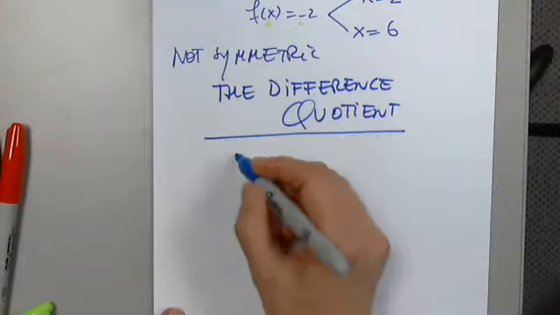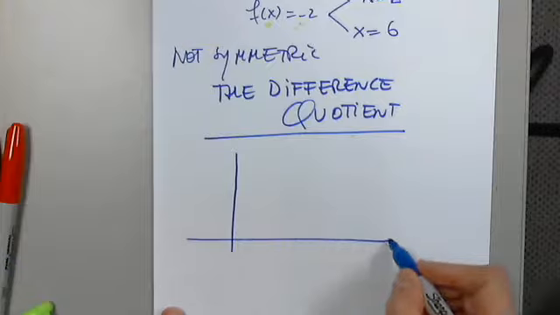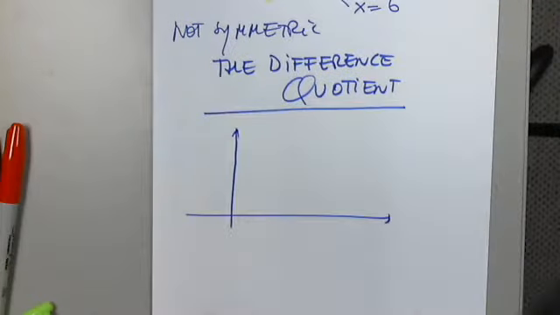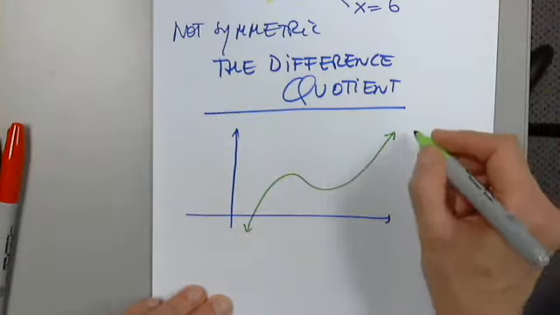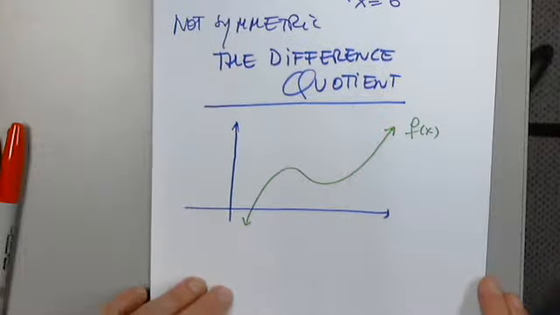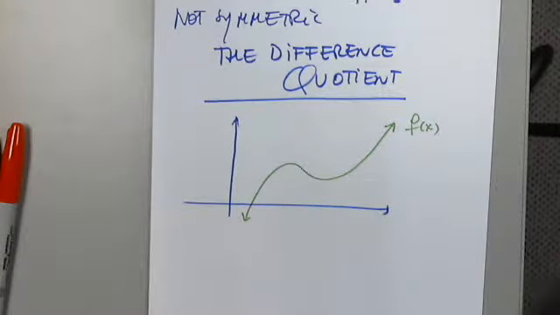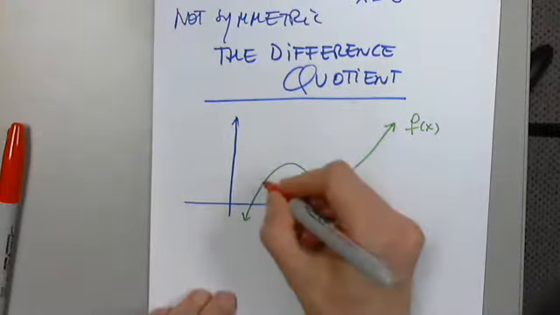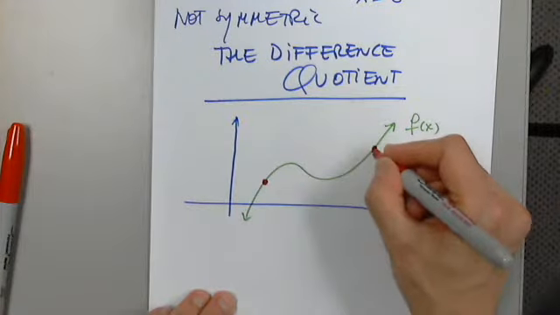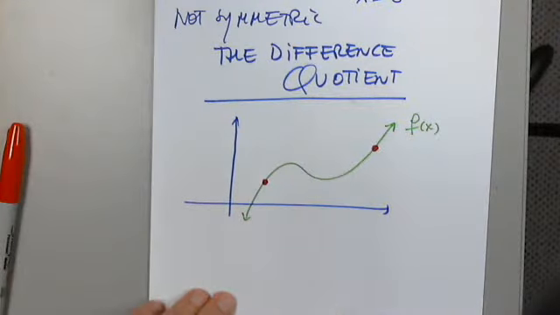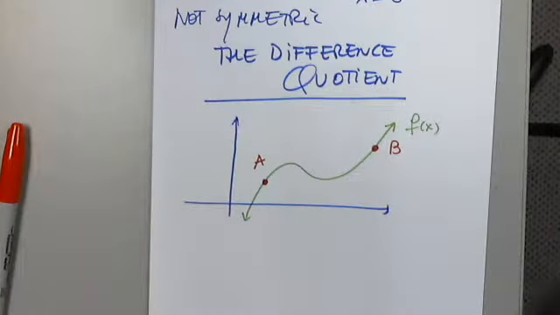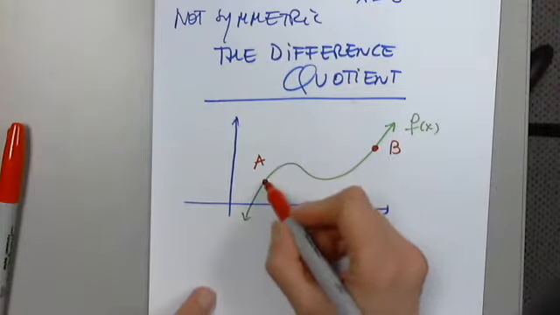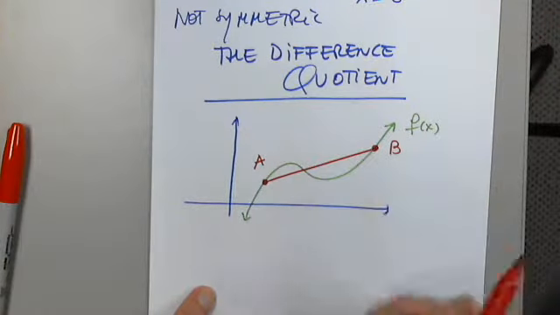So let's take a look at the graph. Let's graph a function. And here's the graph I would like to pick. This is function f of x. And I am going to pick 2 points on this graph. One here and one here. I'm going to call this point A and I'm going to call this point B. And I am going to connect them with a line segment.